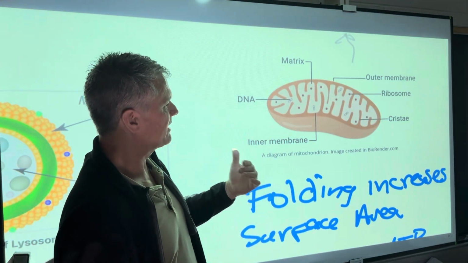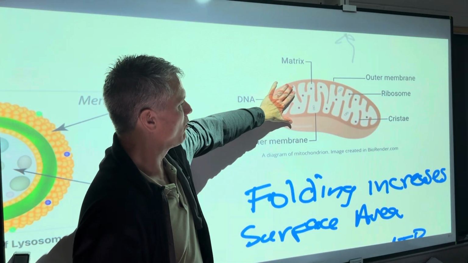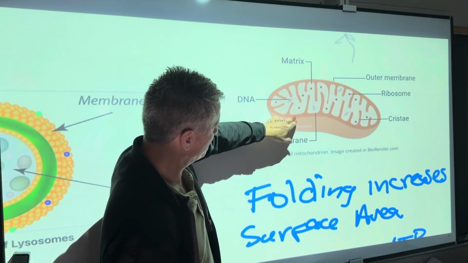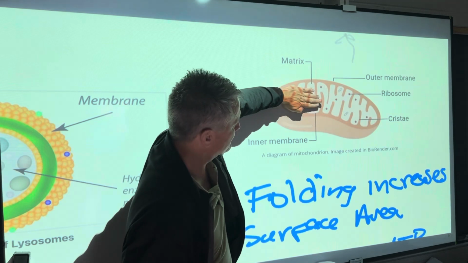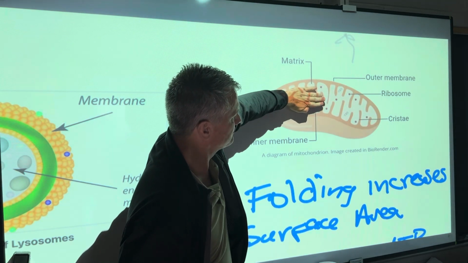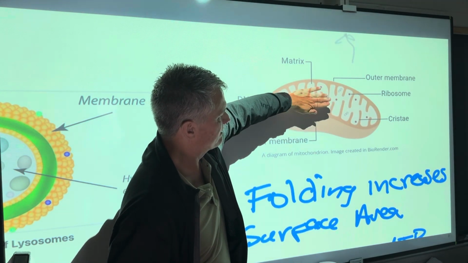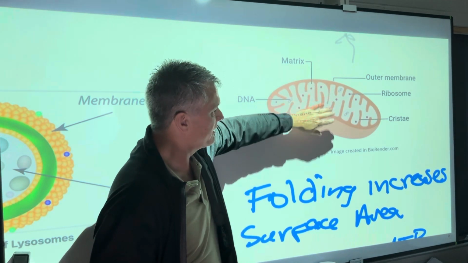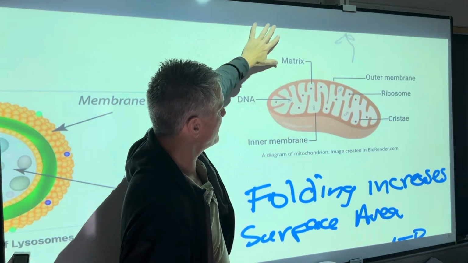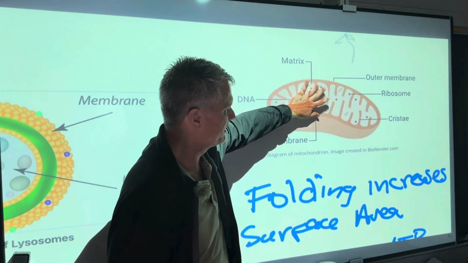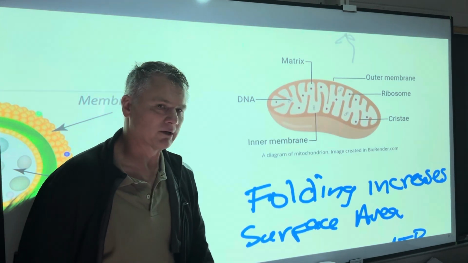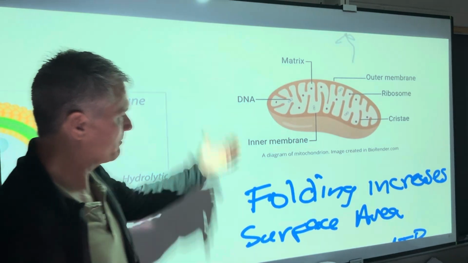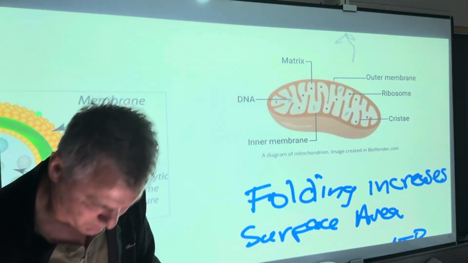When we do that, that allows it to make more ATP. So you have your two layers. This is a self-contained organelle that creates adenosine triphosphate, ATP. You wouldn't want what's happening outside in the cytoplasm to get in here, because it wouldn't be as efficient. Just remember, it's a membrane inside a membrane.